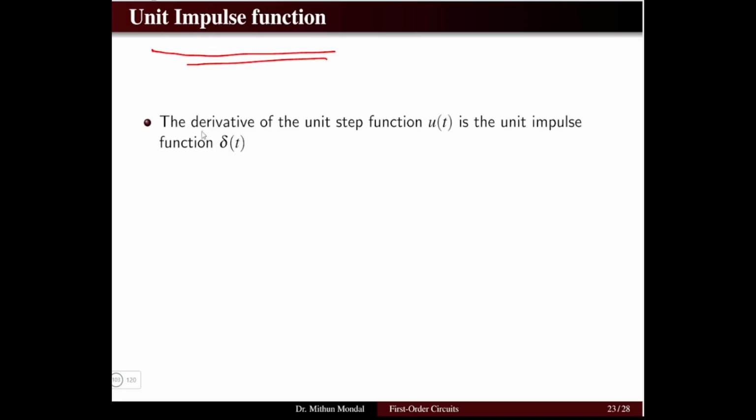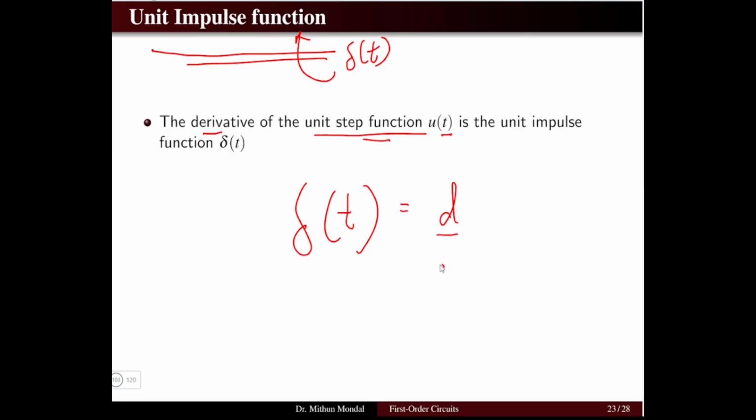The unit impulse function is basically the derivative of the unit step function u of t, that is del of t, which is the unit impulse function. Del of t is basically the derivative d by dt of the unit step function u of t.